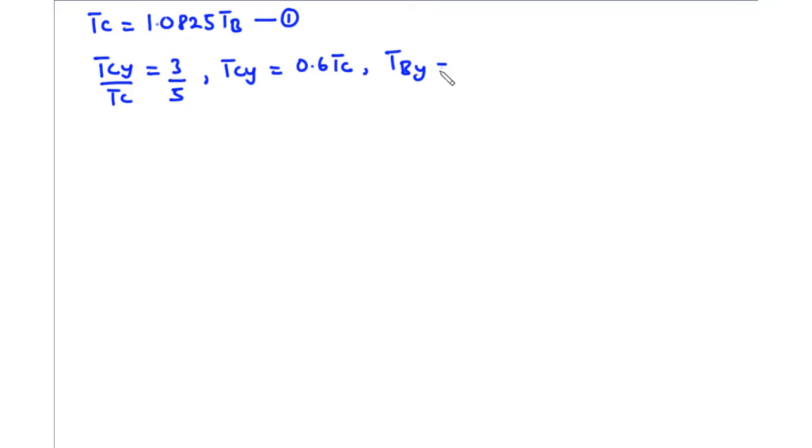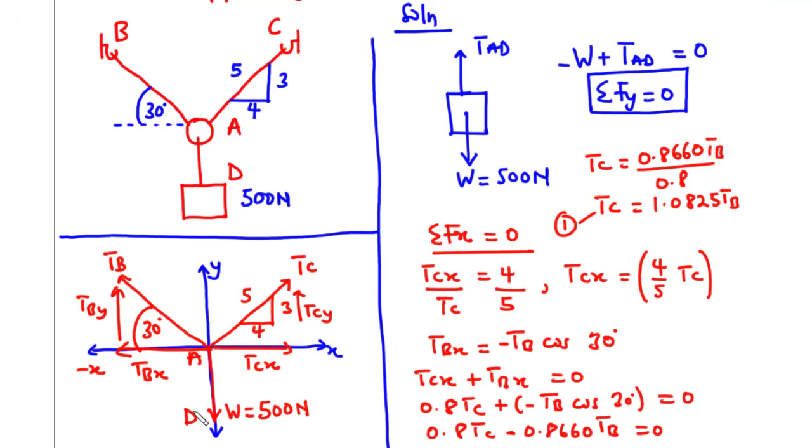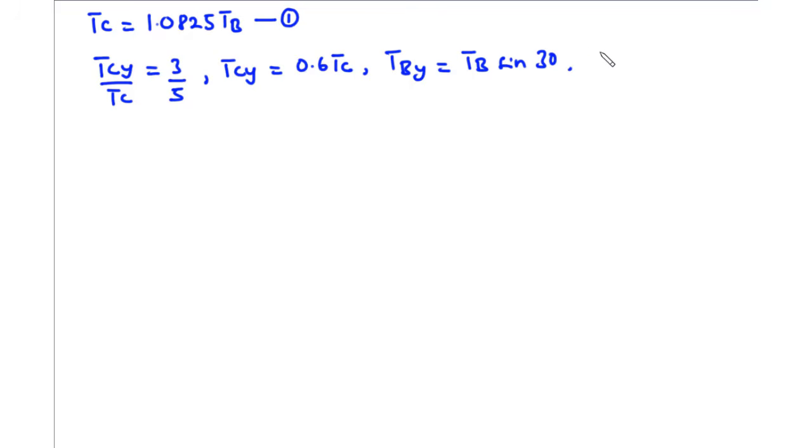Notice that these two component forces are acting along the positive y-axis, and then we have the weight force acting along the negative y-axis, so we are going to negate this value. So we have W equals 500 newtons.